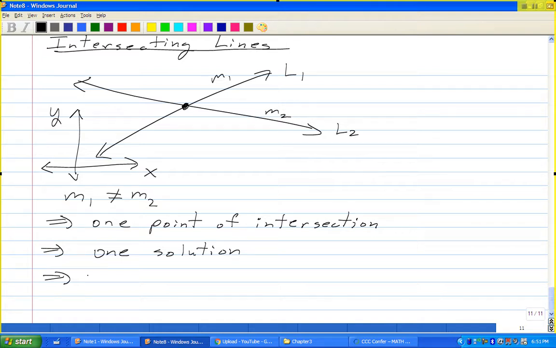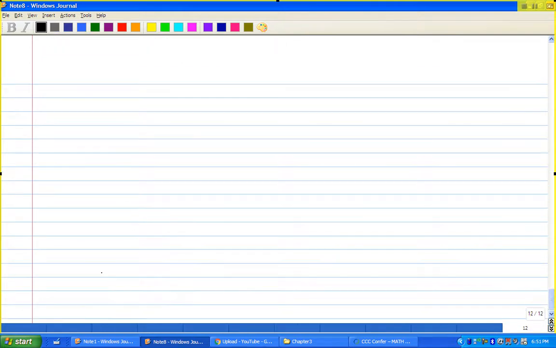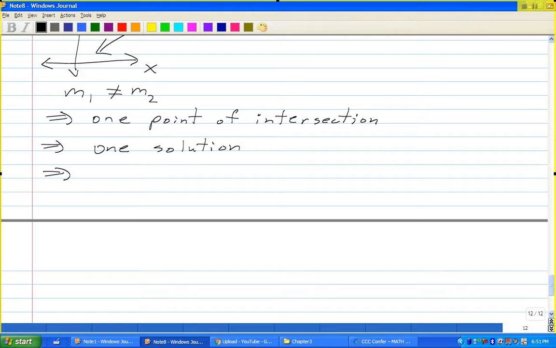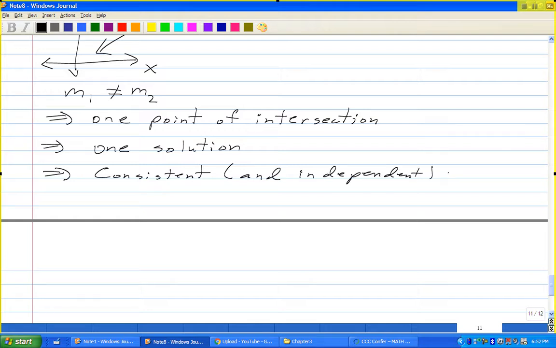This system will be called a consistent system. It's also independent. Usually, I'll just say consistent system. It's understood that it's independent.